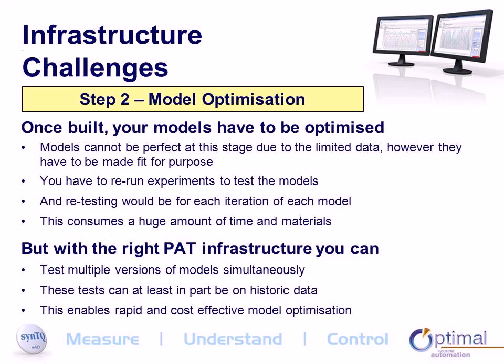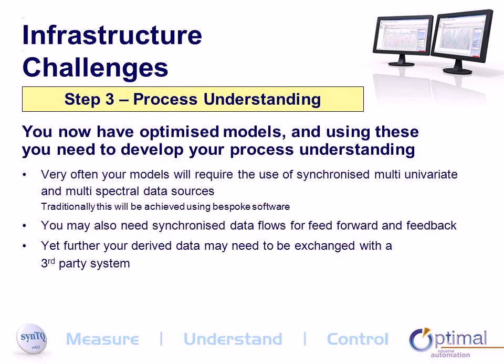If you have a number of models that you would like to test, then with the PAT data manager, you can run all of these at the same time and gather the results automatically so that you can analyze the data both in real time and historically. This saves a huge amount of time and saves a huge amount of raw materials.